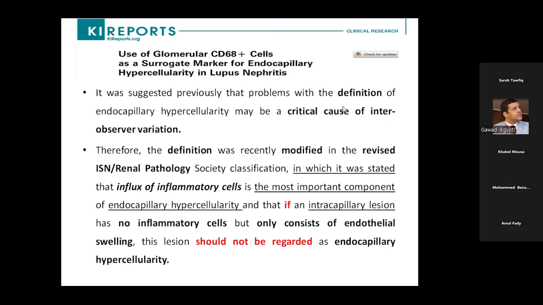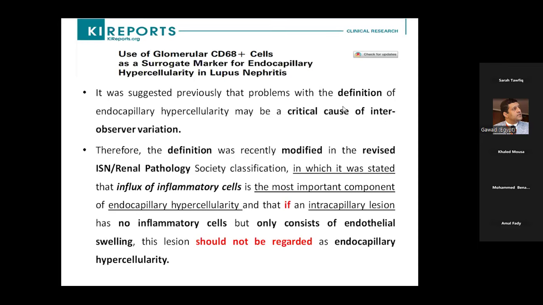Therefore, the definition was modified in the revised International Society of Nephrology classification, and they stated that the influx of inflammatory cells is the most important component of endocapillary hypercellularity, and that if an intracapillary lesion has no inflammatory cells but only consists of endothelial swelling, this lesion should not be regarded as endocapillary hypercellularity.